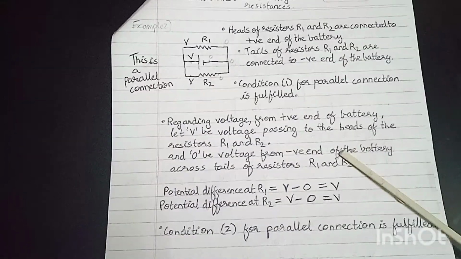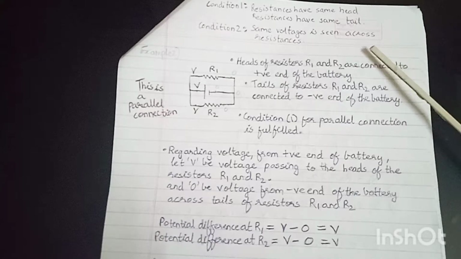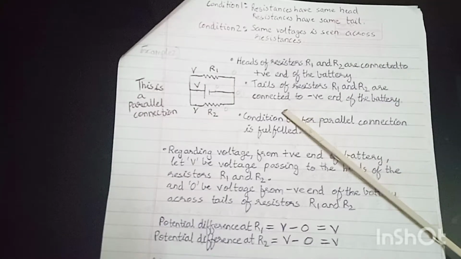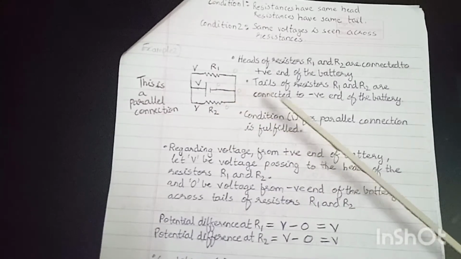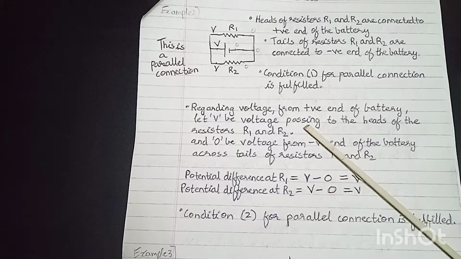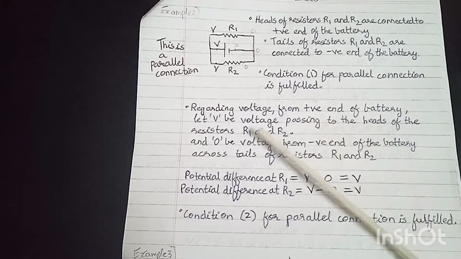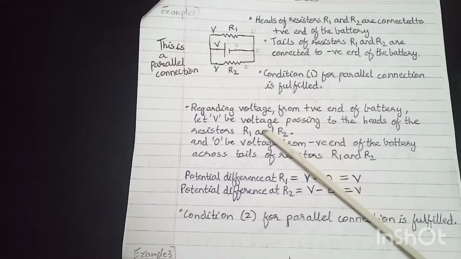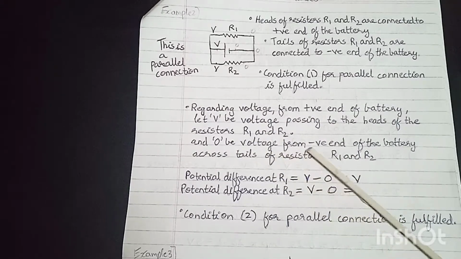The second condition is that the voltage should be the same across all the resistances. Here two resistances are there, and we have to prove that the voltage is constant across both. We consider V as the voltage at the positive end of the battery, going to R1 and R2, and let 0 be the voltage at the negative end.